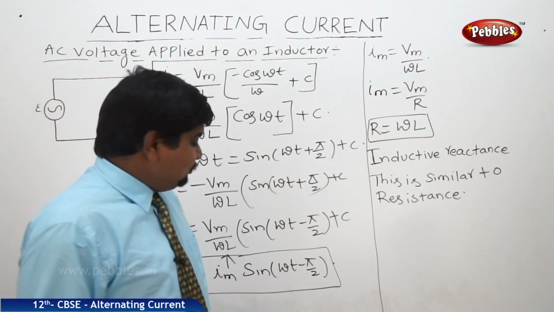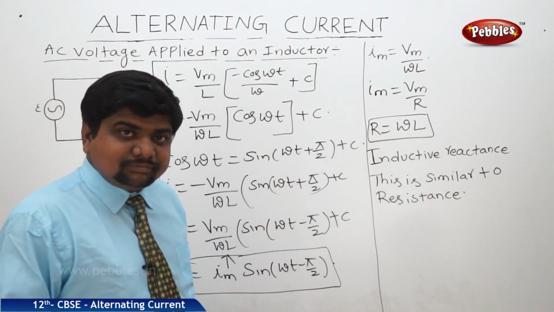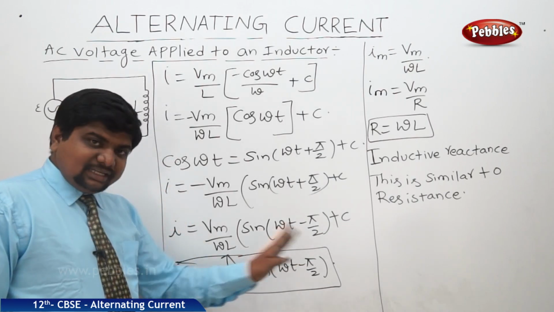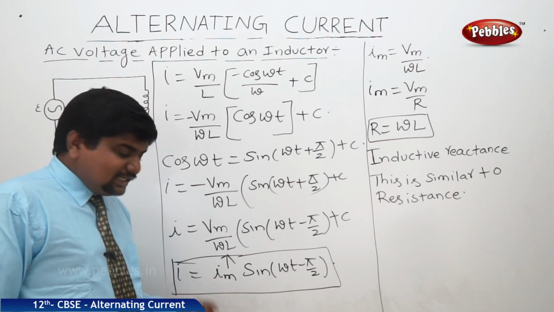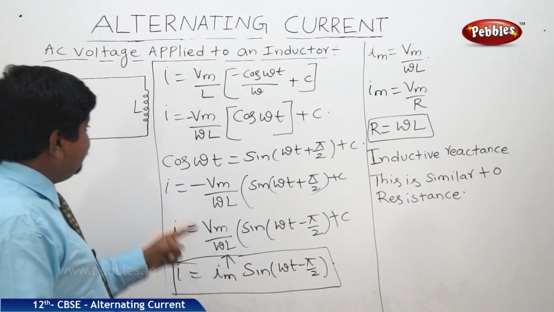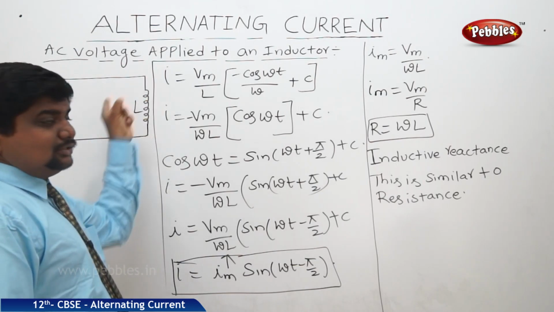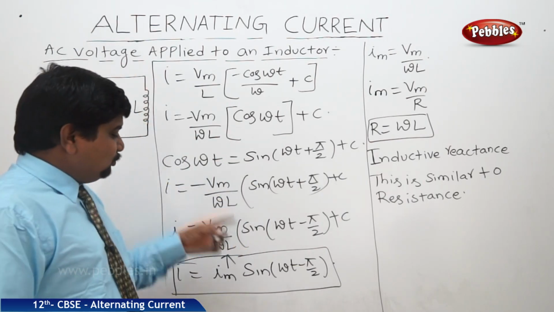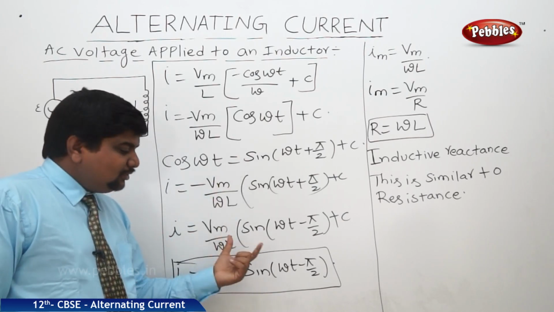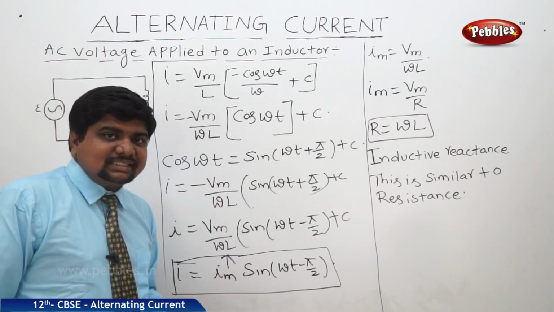We know that V is equal to Vm sin omega t, and I is equal to Im sin omega t minus pi by 2. Then what we can understand is that current lags by pi by 2 when an AC voltage is applied to the inductor. So we are going to find the relationship and phasor diagram for these two physical quantities.